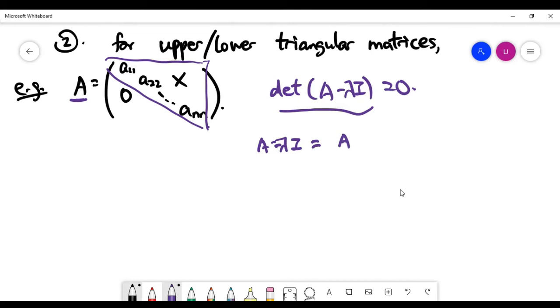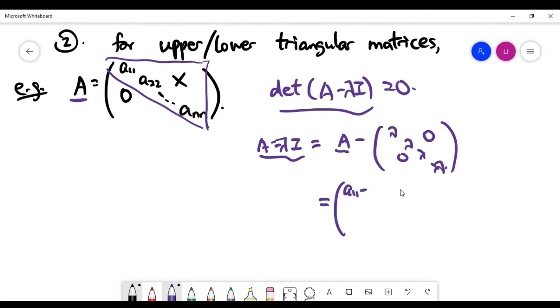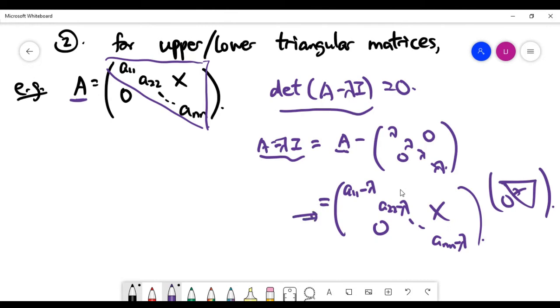This matrix is still upper triangular, right? Because we are subtracting from the matrix A the lambda times identity. So lambda identity is a matrix like this. So after the subtraction of lambda at the diagonal spots, this matrix A minus lambda I is still an upper triangular matrix, right? The only change is along the diagonal. You see the shape is still unchanged.